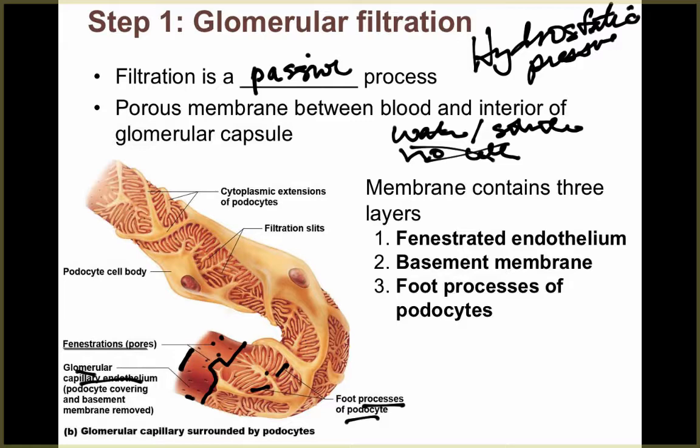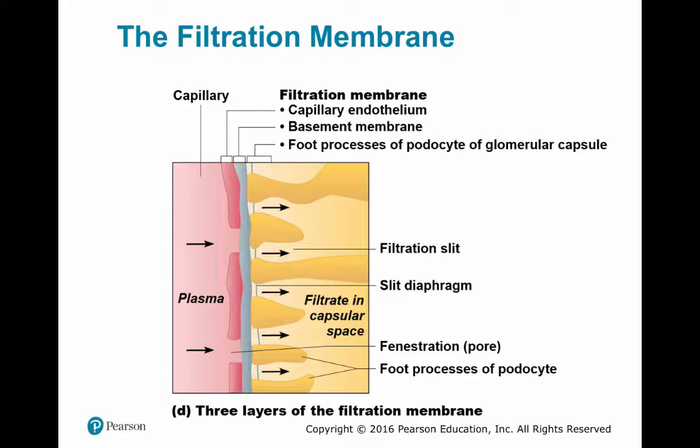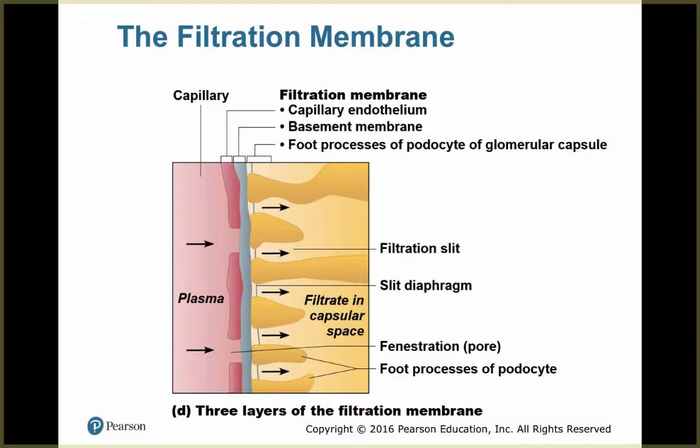So let's show a close-up picture so that maybe you can figure this out a little bit. This right here is the plasma that's coming through. These are those little pores that we were looking at in the fenestrated epithelial tissue, right? And these are the little podocytes or feet.